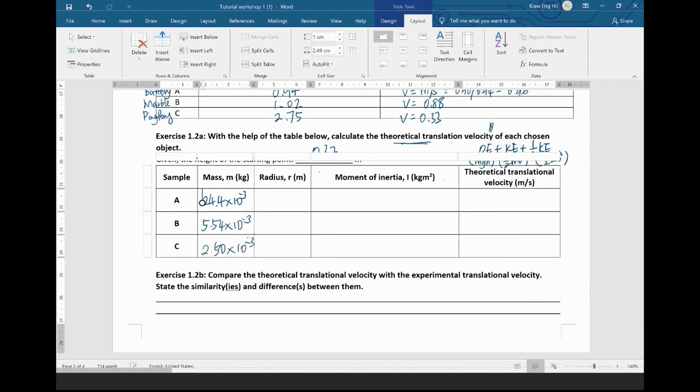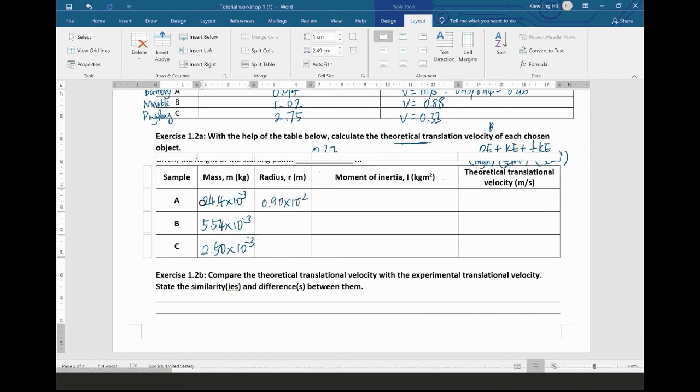When we measure the size, the radius for battery is 0.9 times 10 to the power of -2.